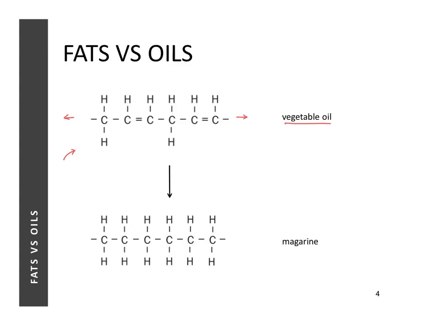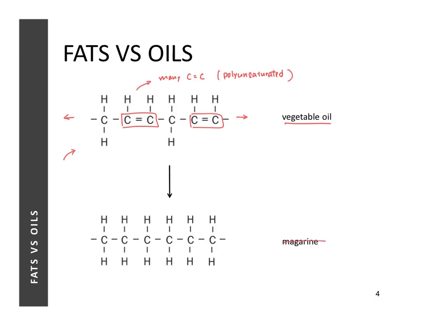What you see in the structure of vegetable oil is that there are many carbon-carbon double bonds. So the term to describe this is that we say vegetable oil is polyunsaturated. Poly means more than one, remember, because it contains many carbon-carbon double bonds.